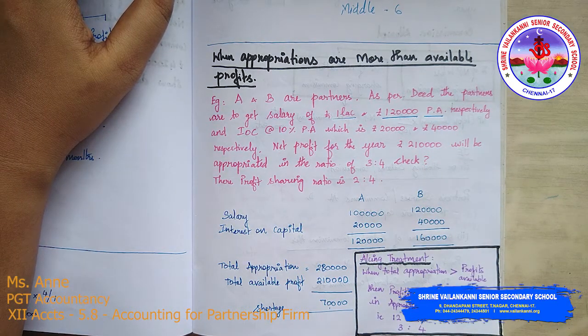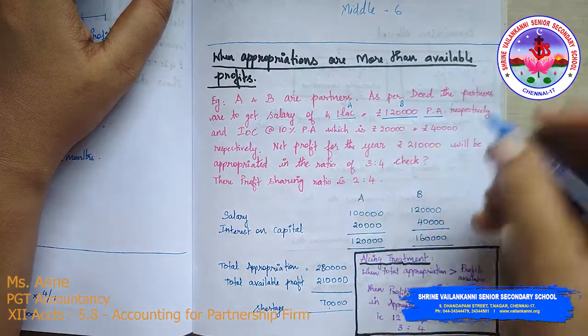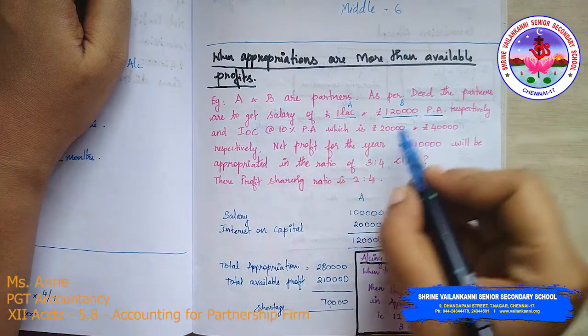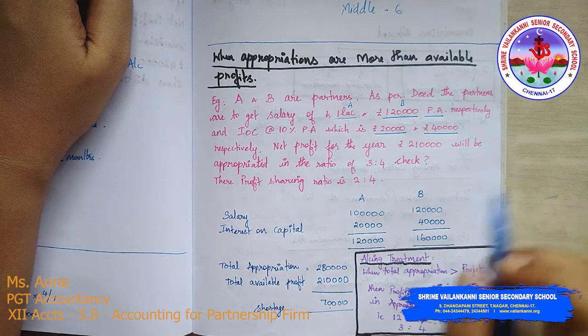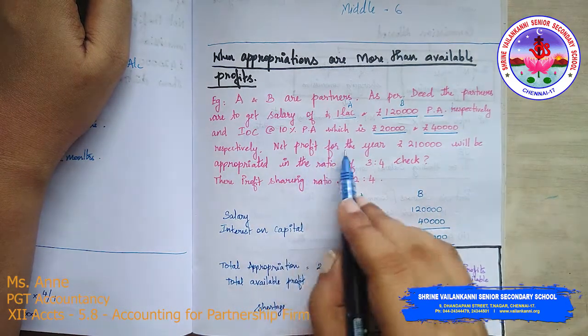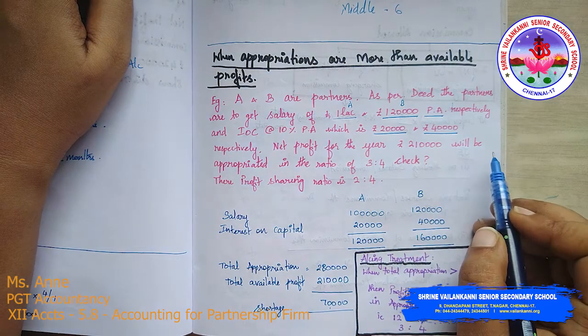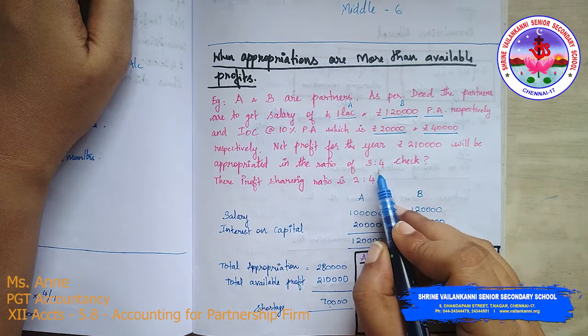So 1 lakh and 1,20,000 is the salary of A and of B. And interest on capital at 10% per annum, which is 20,000 and 40,000 respectively. Net profit for the year is rupees 2,10,000.